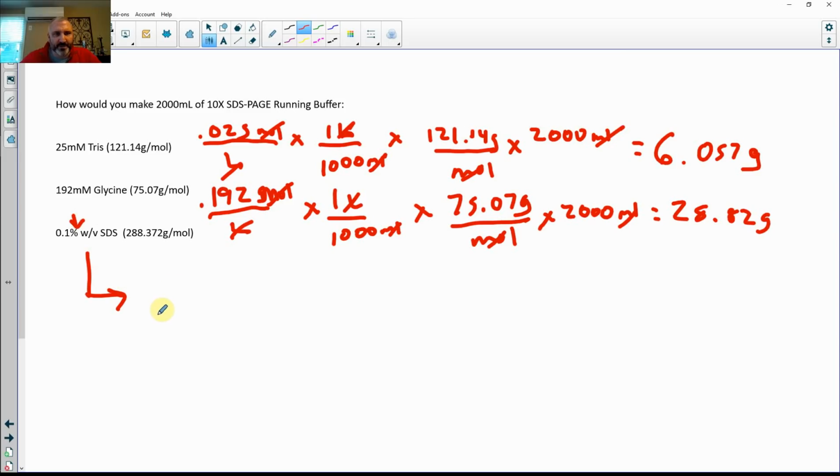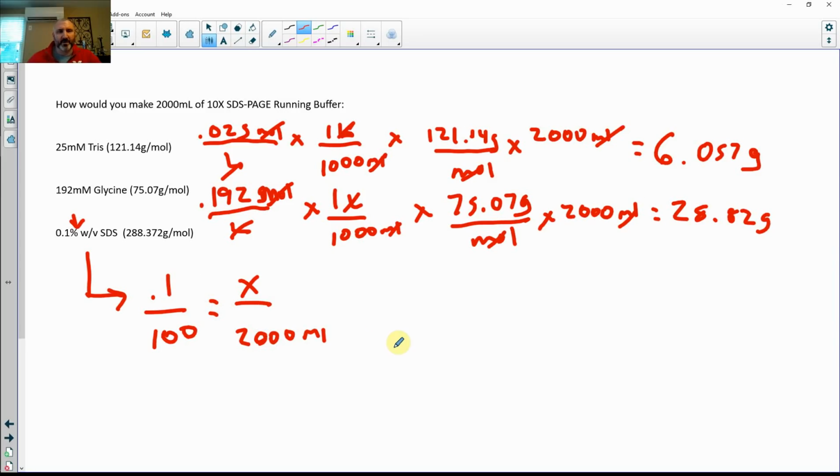So when we see a percent, we're going to set up a ratio. 0.1% is the same thing as 0.1 over 100, so 0.1 over 100, that's 0.1%, equals x over, how much do we want? 2,000 milliliters.